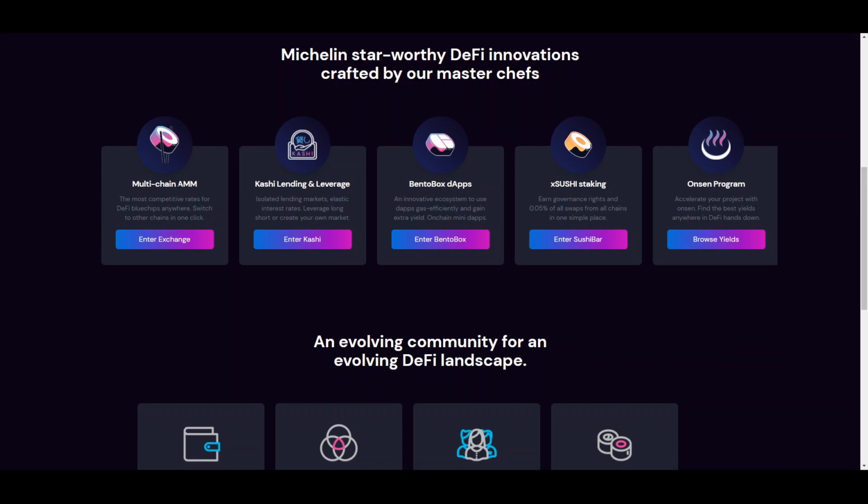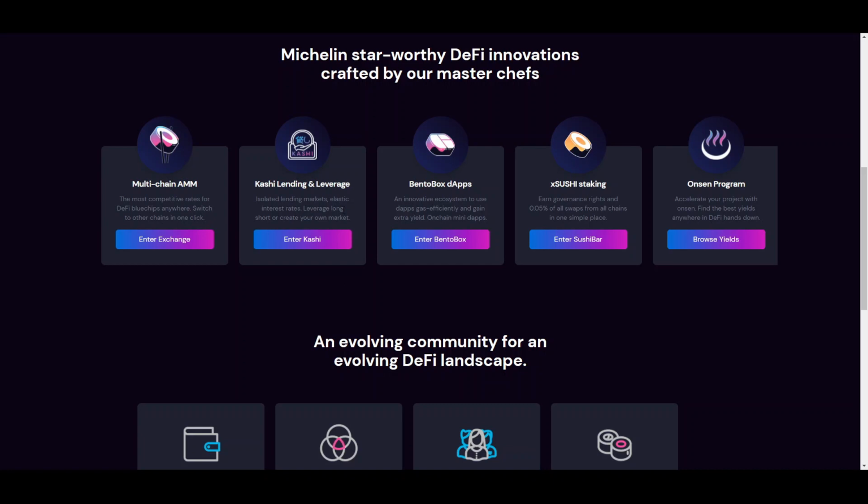So a few of the apps that they have: a multi-chain automated market maker. That's what they are. So basically, they just match buyers and sellers through this decentralized network. They have Kashi, a lending and leverage market, which is pretty much isolated lending with changing interest rates. So you can choose which interest rate you want your lending to be at. And also you can leverage your long and short positions.